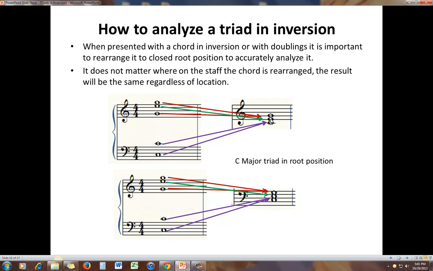If you have a third and a fourth, then you've got to try it in inversion, and you need to do a little bit more rearranging. Keep rearranging on the staff until you get a third and a third. Then you know for certain you have a root position triad, so this is the root, this is the third, and this is the fifth.